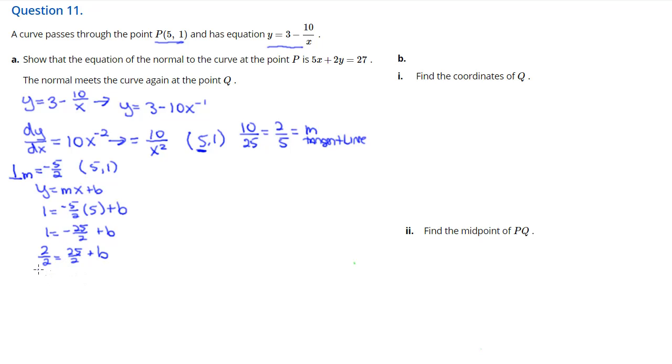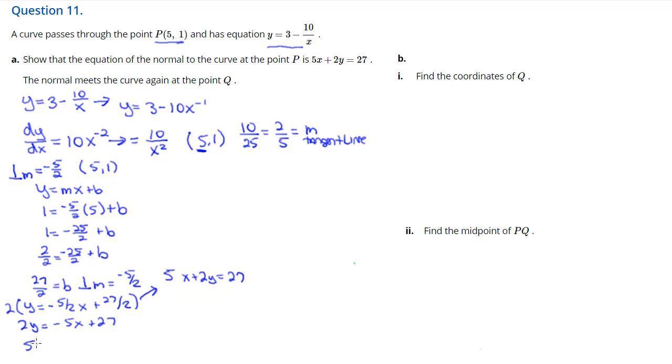And now that we know what that is, all we've got to do is put that together with the slope, and we'll have our equation of our normal, and that's going to be y equals negative 5/2 x plus 27/2. Now that doesn't look like what they have. You've got 5x plus 2y equals 27, but all we've got to do is multiply everything by 2 and then rearrange it, and it is going to look like what theirs does. And we're good to go.